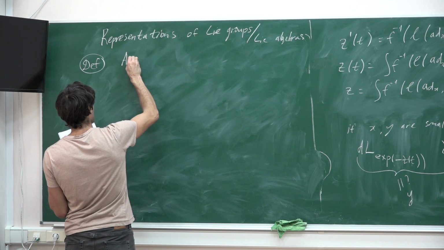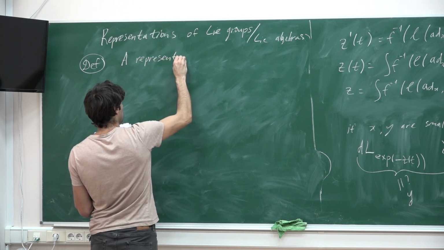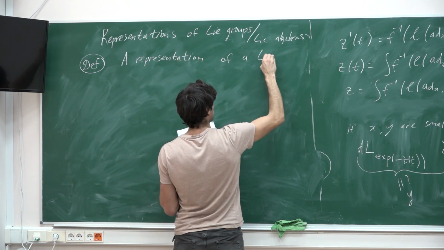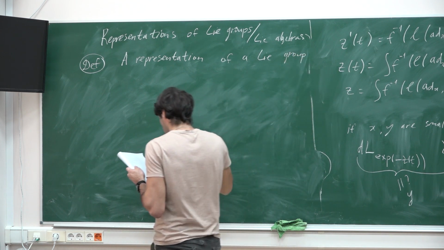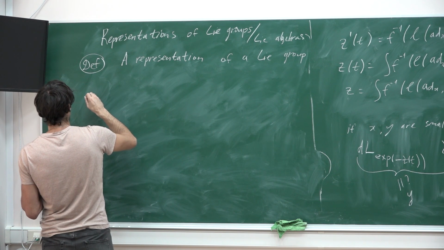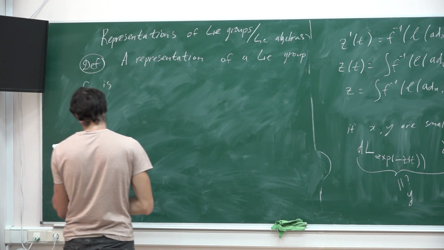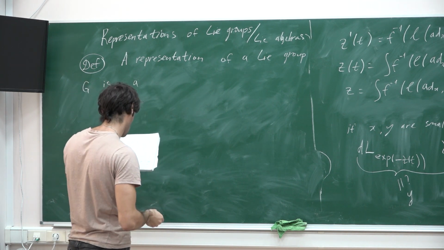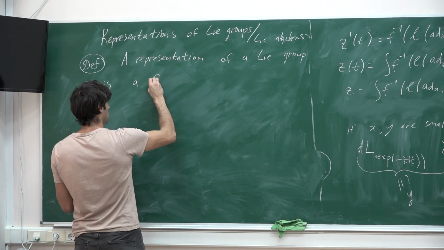A representation of a Lie group G is, okay. So for a Lie group, I would like it to be finite dimensional.